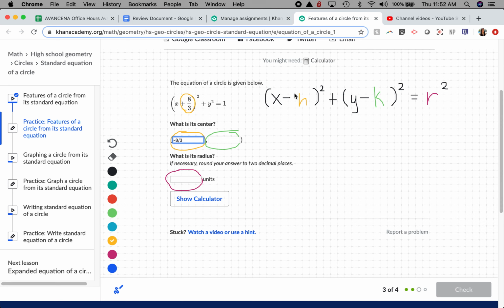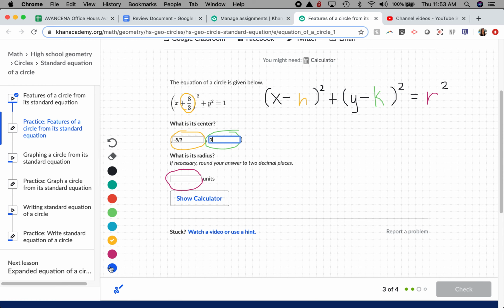Because remember, if h is a negative value and the formula has a minus sign, if you simplify that, it will become a positive. Now looking at our y, we're looking for the value being subtracted from y, which is going to determine k. In this case, there is nothing, so this is going to be 0.